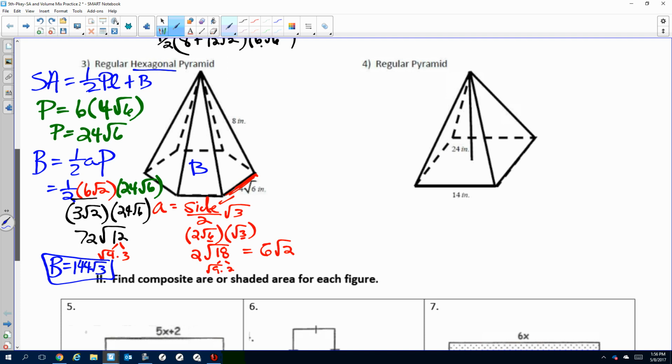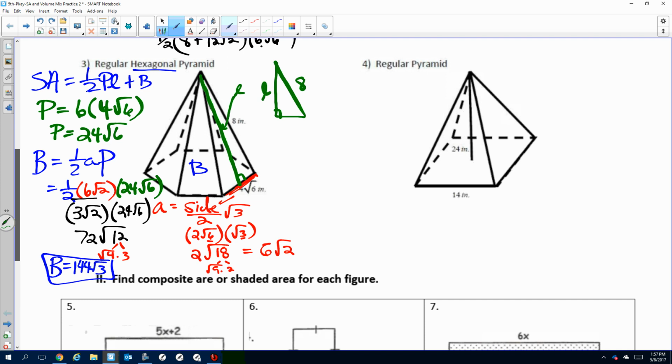Now, to get to the L, the slant height, your slant height is the height of the lateral face, which is the triangle, and there I'm drawing an L there. So when I do that, the right triangle that is formed, that 8, the edge of the face, the lateral face, becomes the hypotenuse.